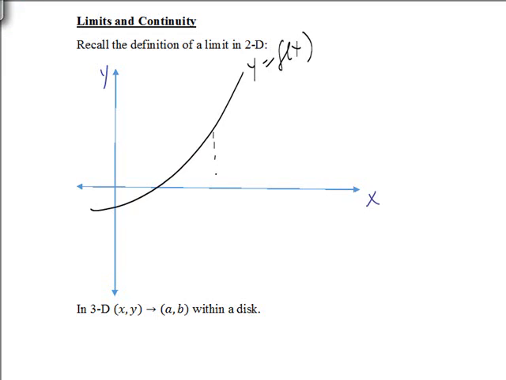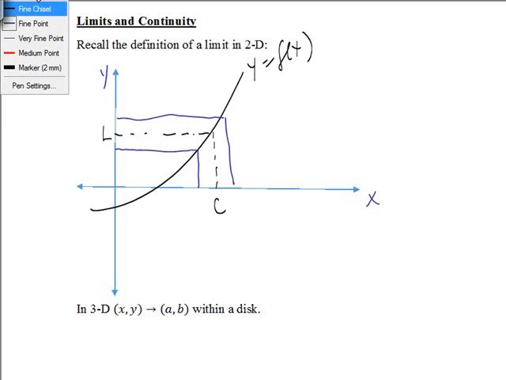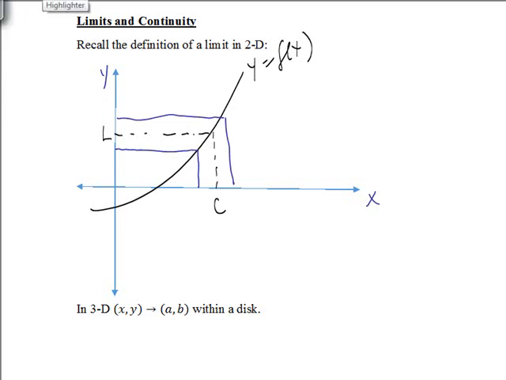This is C, and this is L. The function does not have to be defined at C, so there could be a hole in the graph there. Let me draw a little line here. So that's what you should have seen when you took Calc 1.